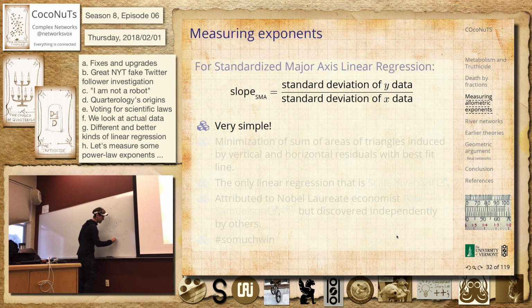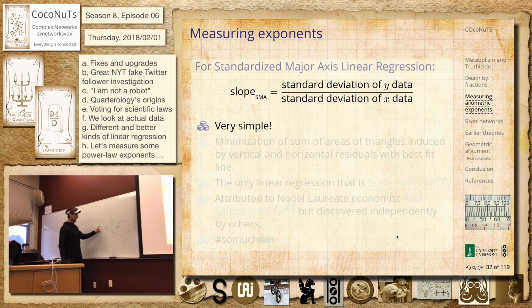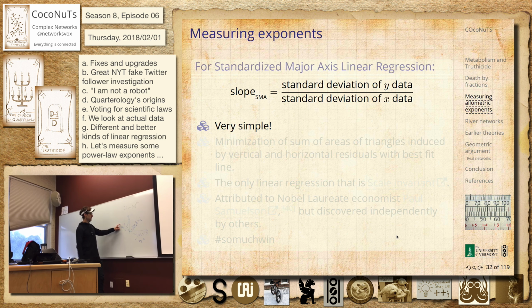There's some standard deviation for this thing, and there's some standard deviation for this one. That's sort of the typical width of this. So the crazy thing is that to find the slope of best fit using RMA, it's just this standard deviation divided by this standard deviation.